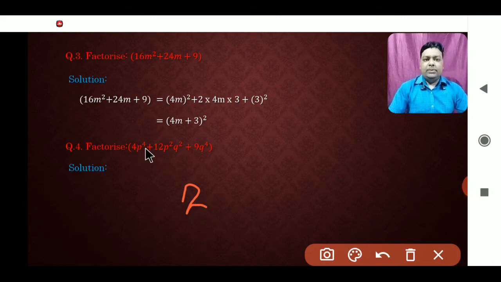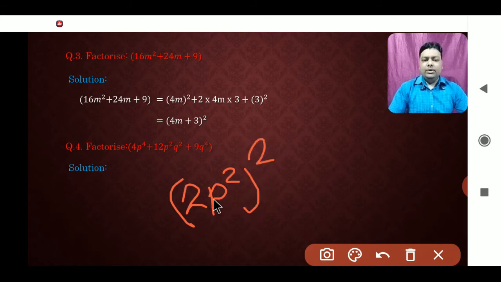If we separate power 4, we can write it like that, (p²) whole square, multiplying powers. So we can write (2p²) whole square. Now here you can see 2 square will be 4, and (p²) square will be p⁴. It means 2p² is the perfect square.